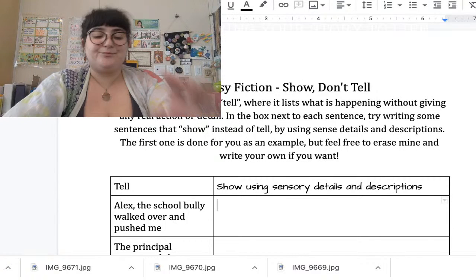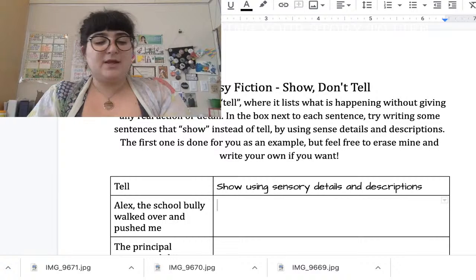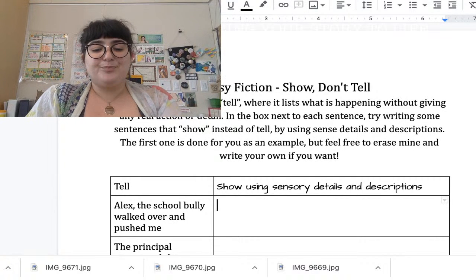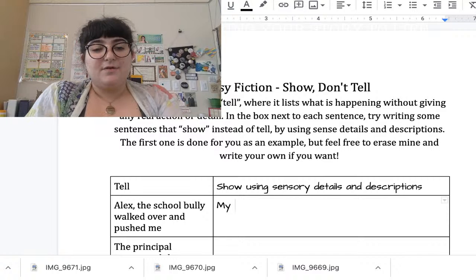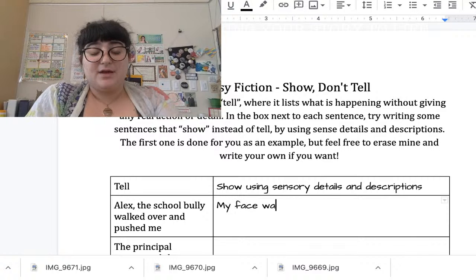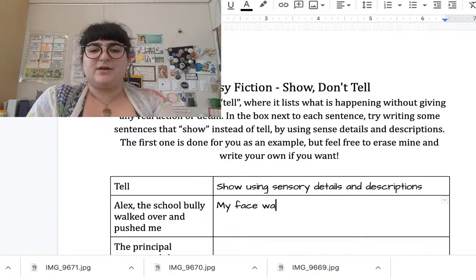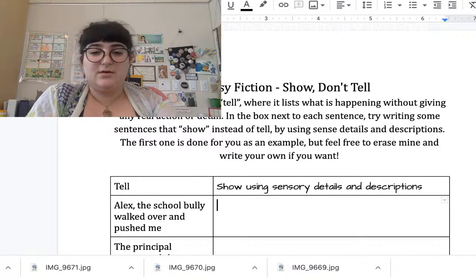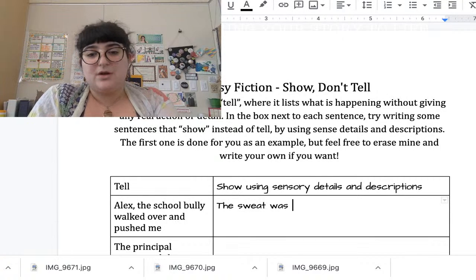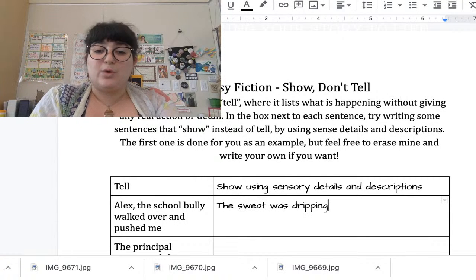Well, I might start by saying that my face was, ooh, I think I might even go a little bit more detailed. So the sweat was dripping or rolling. I like this.